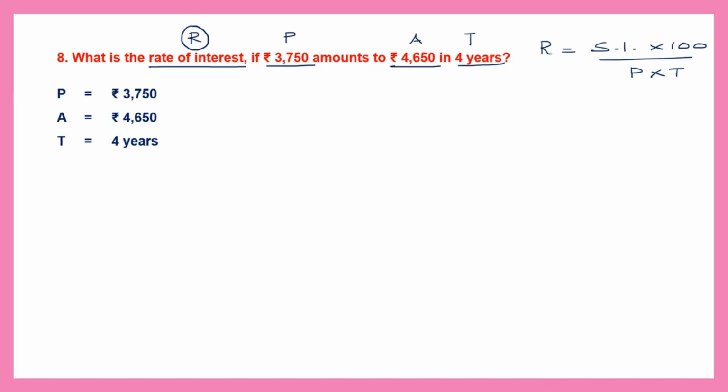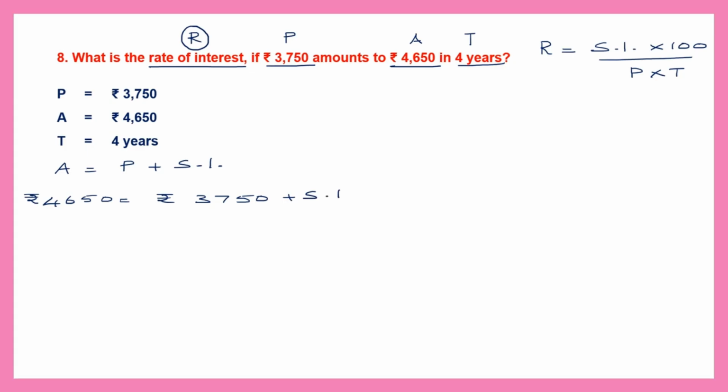To find simple interest, we can use this formula which says amount is equal to principal plus simple interest. Okay, so amount we know is 4,650 rupees. And this is equal to principal, which is 3,750 rupees plus simple interest.